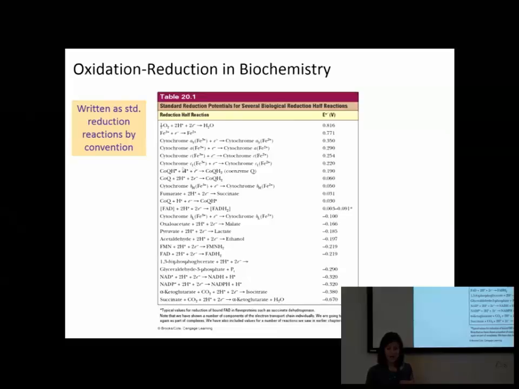It's like a bucket brigade for a fire, except we don't want a billion people in the bucket brigade because it would take forever to get the water to the fire. But here, you want as many buckets as you can, because every time an electron is passed, it's a release of free energy. Sometimes it's enough free energy to push protons from the matrix to the intermembrane space. Sometimes it's not. But we want to have more opportunities.